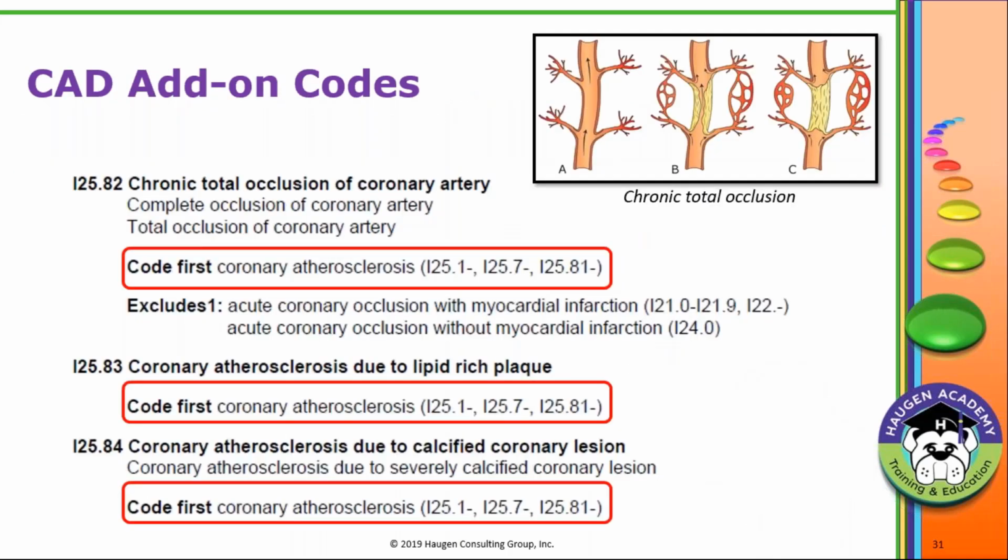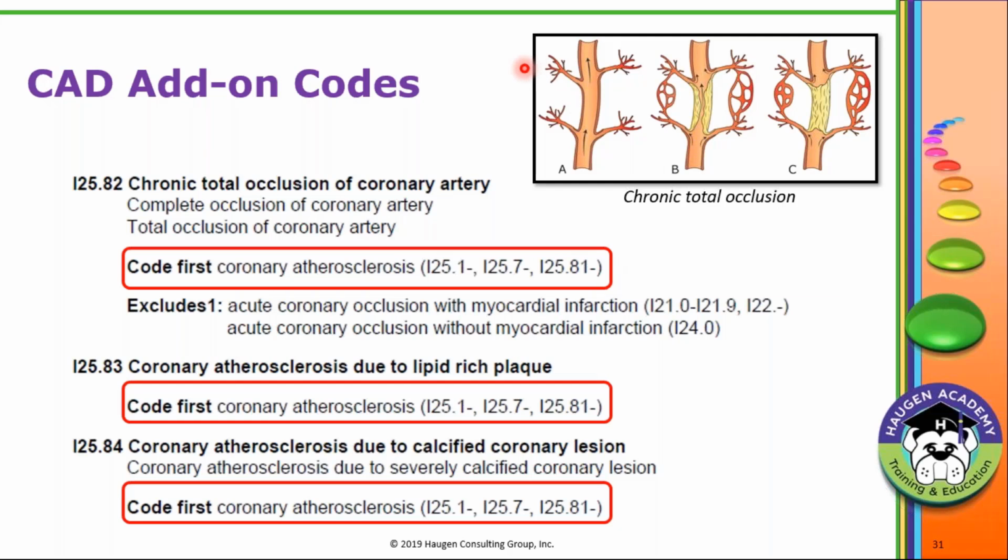Your add-on codes are codes that were added in ICD-9 not too long before the transition into ICD-10, but I still find that coders have a lot of questions about them. The first code that we'll talk about is I25.82, which is a chronic total occlusion of the coronary artery, or a CTO. These lesions are really hard to cross with a guide wire and a catheter to be able to do some sort of percutaneous coronary intervention.